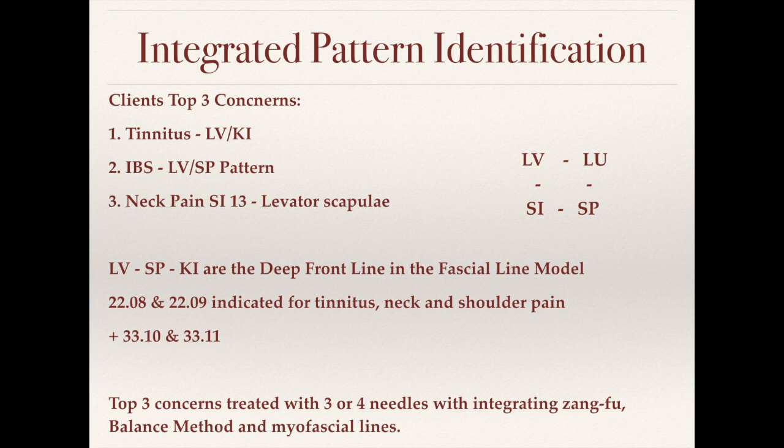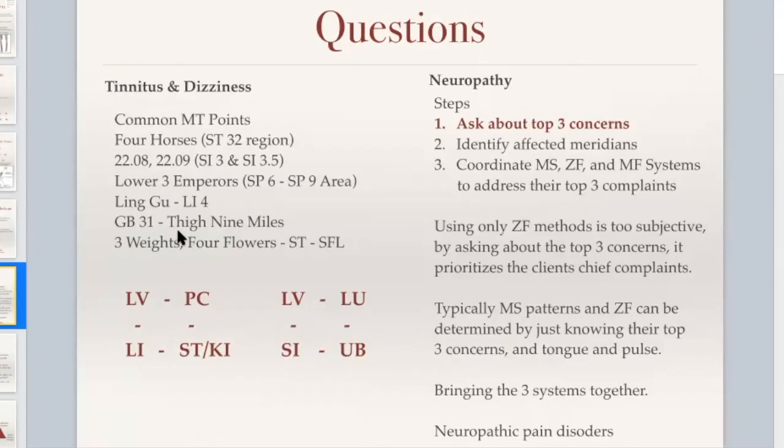Let's go back to what I wrote down. I just want to take a look there. If we look at this, we find that the second most common points recommended by the leaders in Master Tung's system, people that I've learned from, the second most common points that I found when I referenced the sources were 22.08 and 22.09. Okay, so I can treat the tinnitus with that.